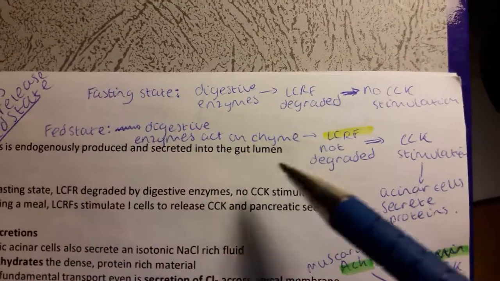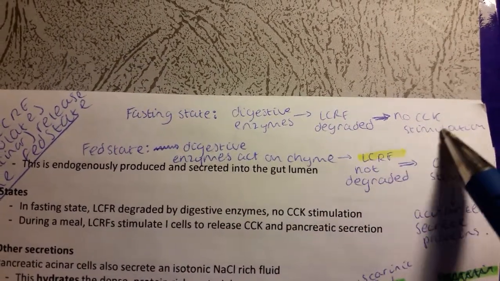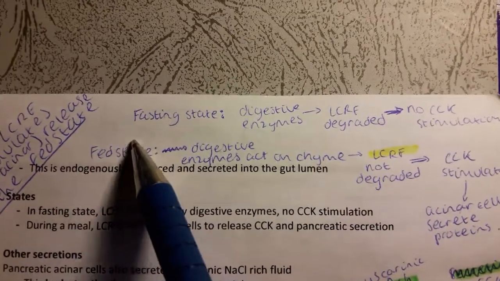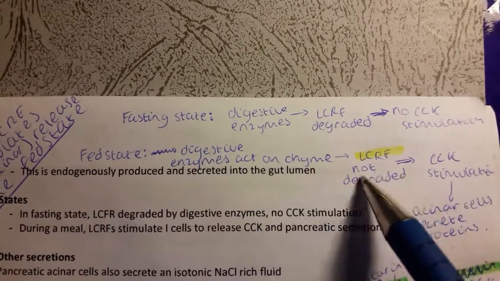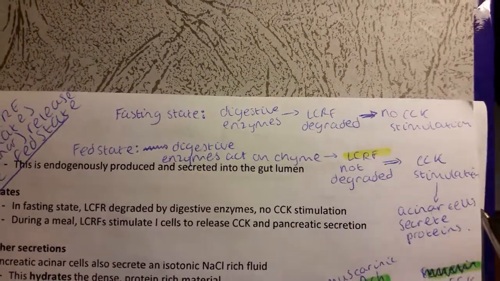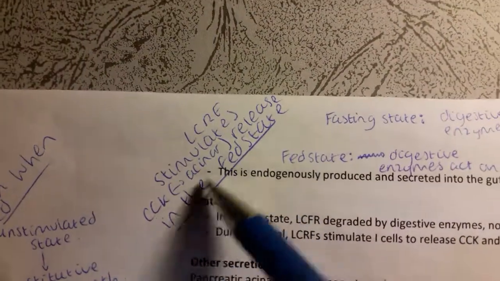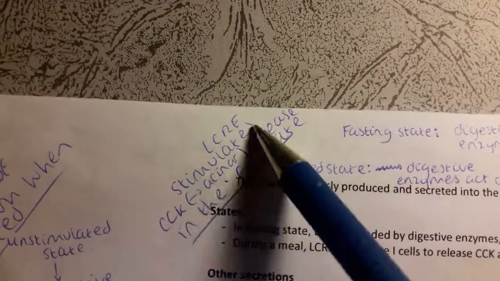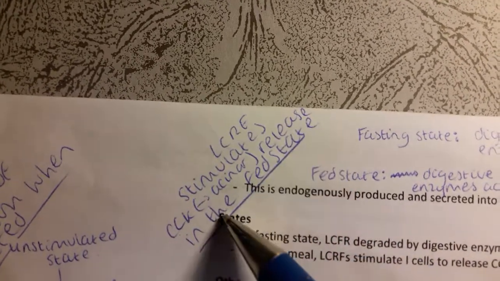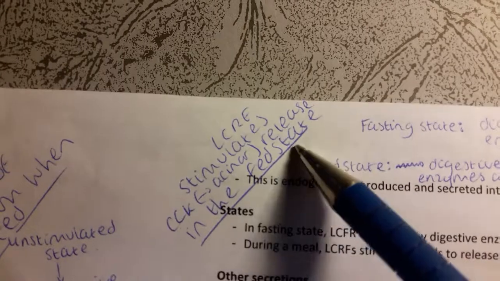So if we look at that as a whole, if you've not eaten, you're not going to get enzymes secreted from the pancreas, which makes sense. But if you've eaten, through this luminal cholecystokinin releasing factor pathway, it's going to cause the acinar cells to secrete the proteins, zymogens and enzymes necessary to deal with whatever you've eaten. So luminal cholecystokinin releasing factor stimulates cholecystokinin, which then acts on acinar cells to secrete their zymogens and lipases in the fed state.